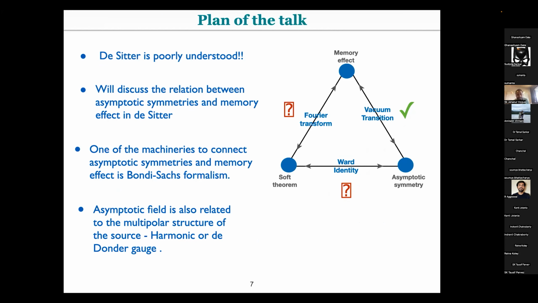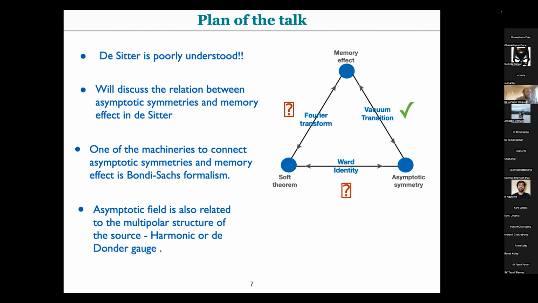Now, as I said, de Sitter is very poorly understood. So in this talk, we will discuss the relation between only the memory effect and asymptotic symmetries. The other corners of the infrared triangle are also not that well understood in the de Sitter context.